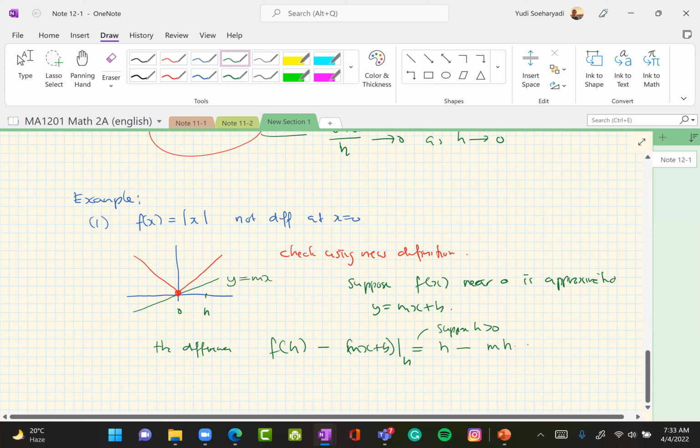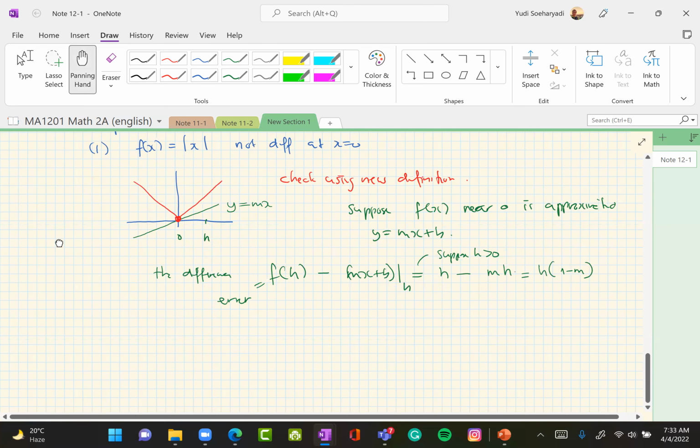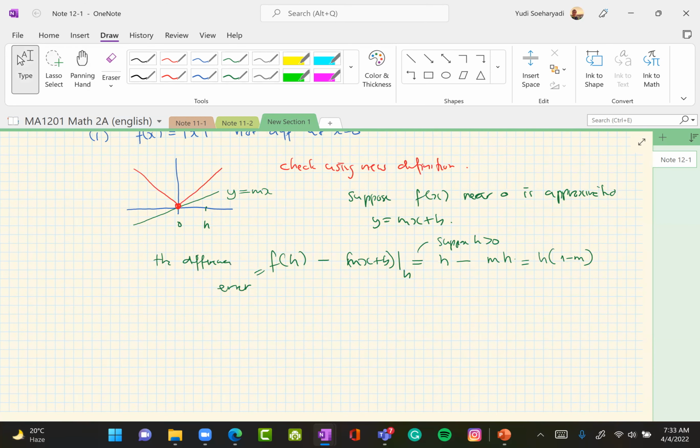So this gives you just h times (1 minus m). Let's now compute what is the error. All right, so this is the error. And let's compare this to h.